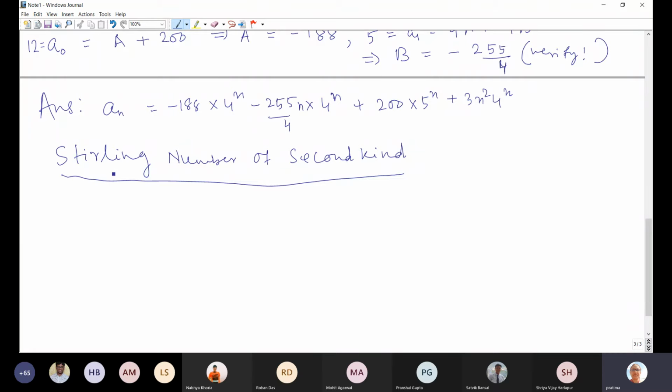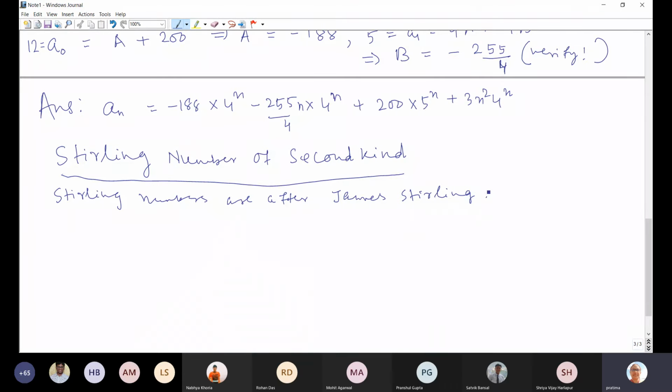a Scottish mathematician actually. The Stirling numbers are named after this mathematician James Stirling. He is a Scottish mathematician.